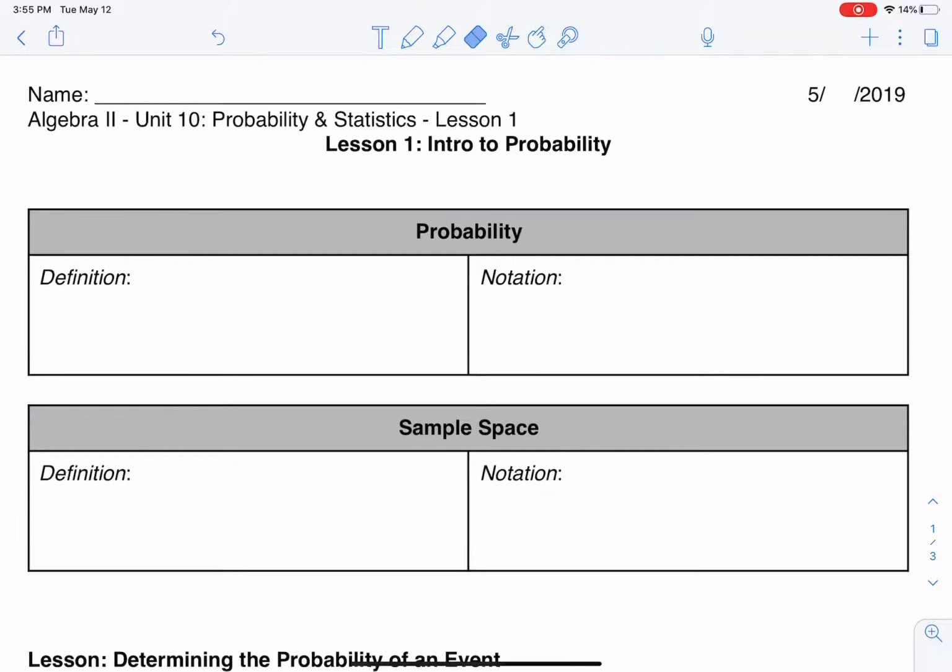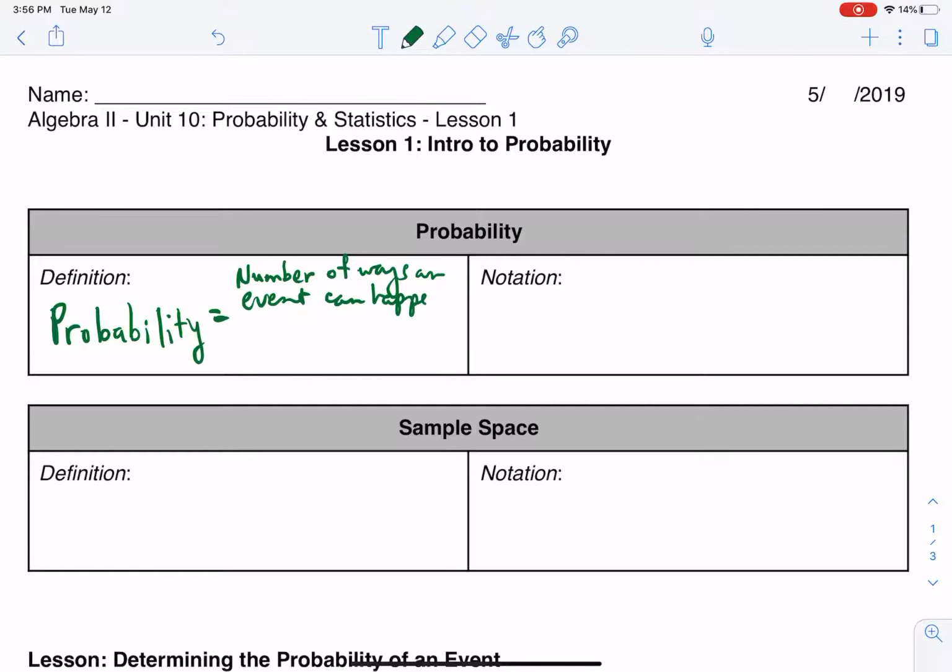And really, the mathematical definition is that probability, I'm going to write that definition here, is the same as the number of ways an event can happen divided by the total number of outcomes of an event.